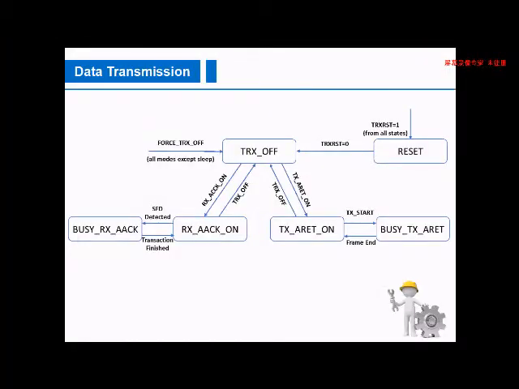Now let's talk about the data transmission. Firstly, look at the picture. From the picture, we can see that there are 5 states in the communication process except the reset. The state in the center, named TRX off, is the initial state. Below that, at the right, are TX ARET on and busy TX ARET, which are for sending data.